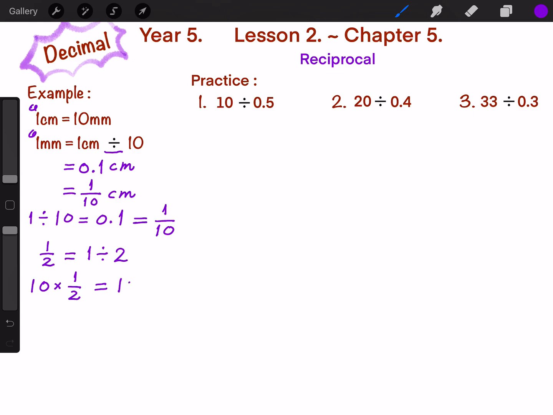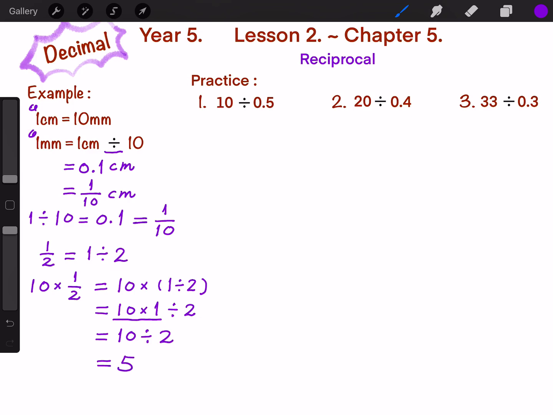So equals 10 times 1 divided by 2 in brackets. Now let's get rid of the brackets. 10 times 1 divided by 2. 10 times 1 still equals 10. And then divided by 2, finally equals 5.